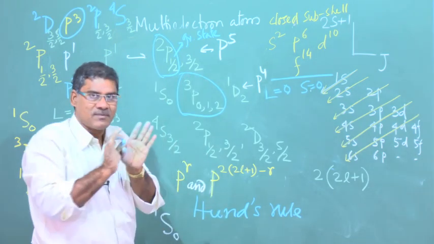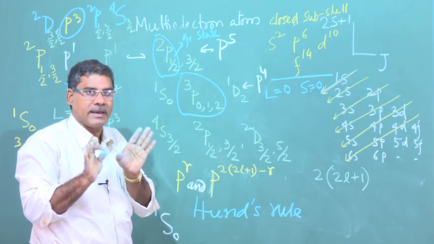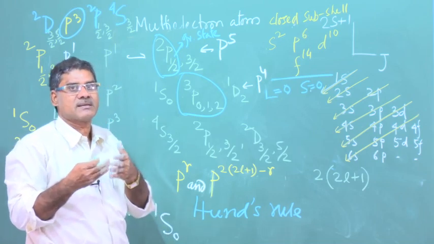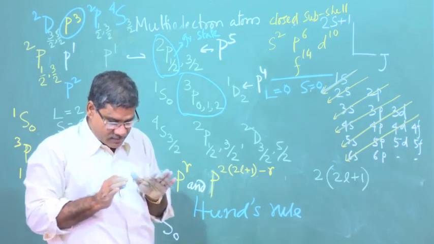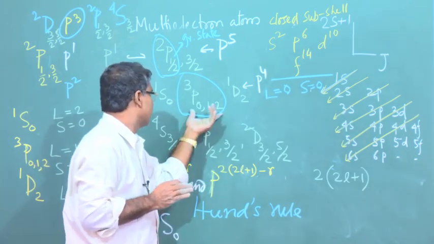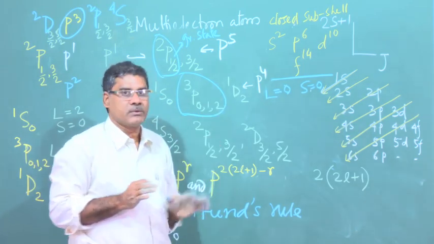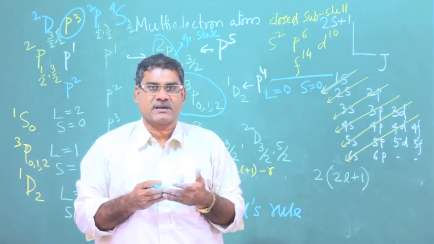So maximize S first, then maximize L. This is the term, and then out of these 3, P0, P1 and P2, which one should we consider?